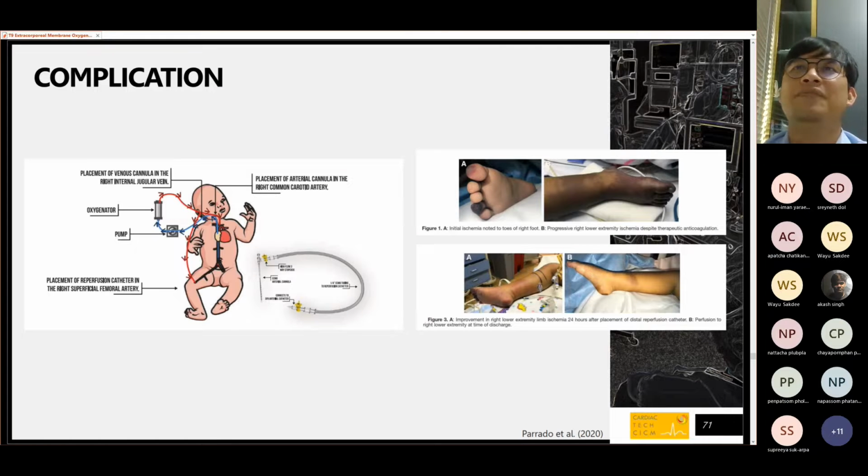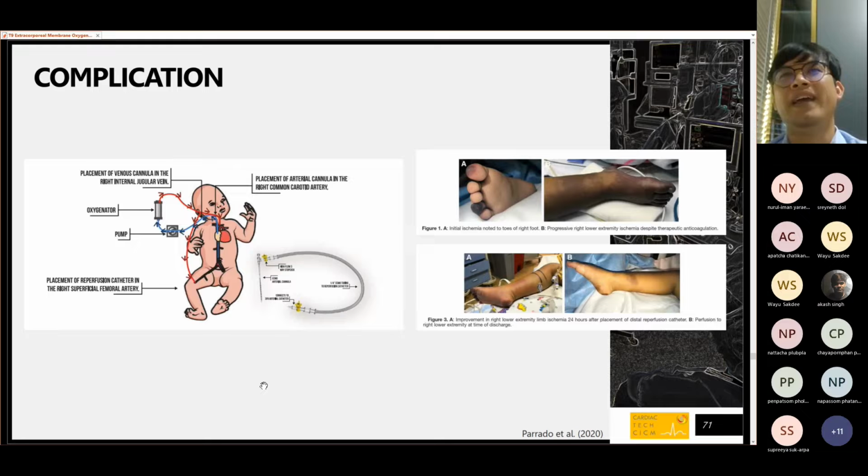So again, I would like to show you another improvement of the distal perfusion support. In small babies, we have a lot of catheters. Even if you access the return cannula in the neck region, there is still another catheter, like an arterial line catheter, that may be put into the femoral vein or femoral artery.